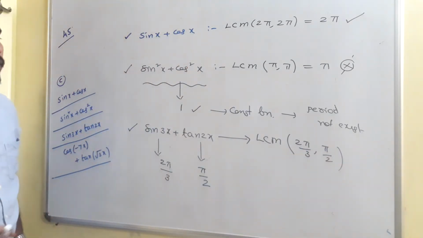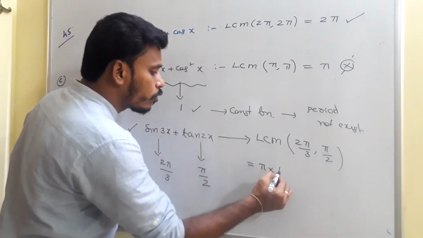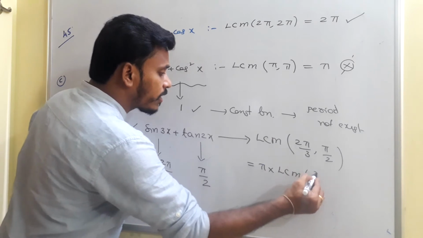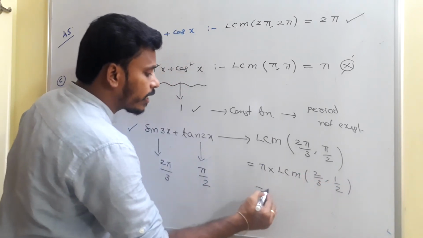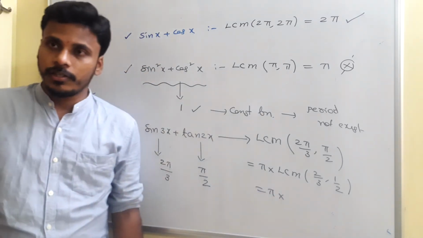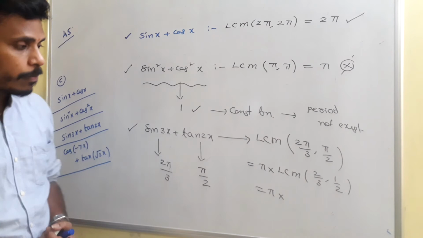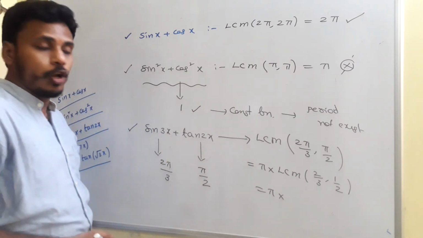See, pi is common in both terms. You just write it out. This is equal to pi times the LCM of 2 by 3 comma 1 by 2. What to say about the LCM of fractions? The LCM of fractions is the LCM of the numerators divided by the HCF of the denominators.